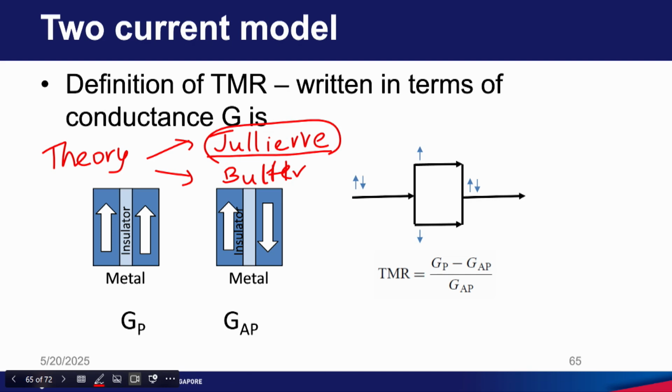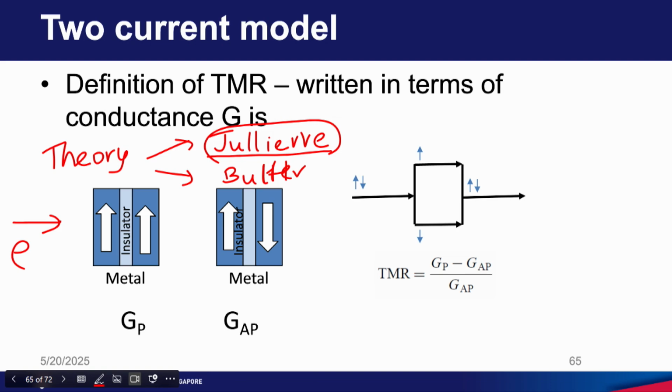We have two ferromagnetic layers, and the magnetizations are either parallel or anti-parallel. We are sending electrons from this side. These two ferromagnetic layers are separated by an insulator.